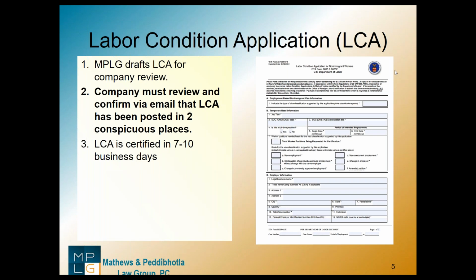So the latest we can request the start date is 6 months out from the day that we prepare the LCA. And from there, we can determine per case how much time we're requesting for the end date. You also want to make sure that the salary matches and that the work site location or locations is correct as well.